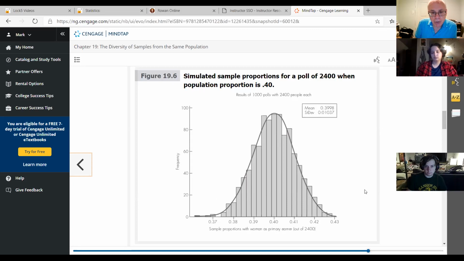Now, in a regular statistics course, you would use formulas, and you would use your TI-83 or 84 calculator to come up with these confidence intervals and hypothesis tests. Here, we're going to use computer simulation in this course. Each time you do a computer simulation, you'll get different results.